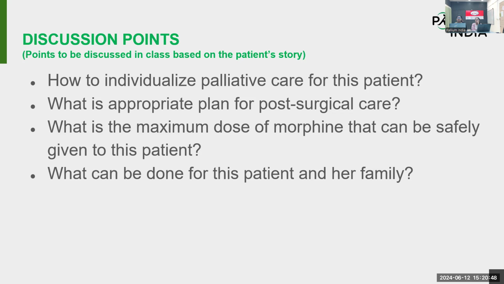Amrita ma'am, would you like to comment anything? Yeah, so I would like to add a few points, upon the 4th point, what can be done for this patient and her family? You have done a lot, but still I would like to add that in going through the psychosocial aspects, I understand that the patient is being taken care of by a 72-year-old mother. I don't know whether the patient has children or any other supportive system.